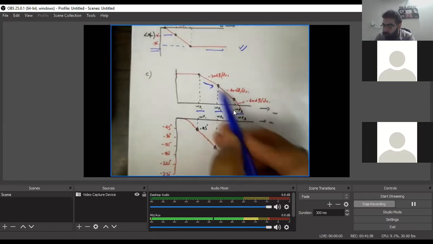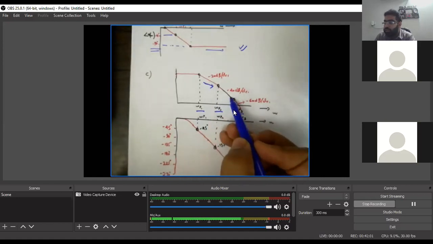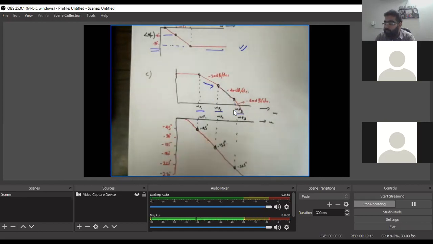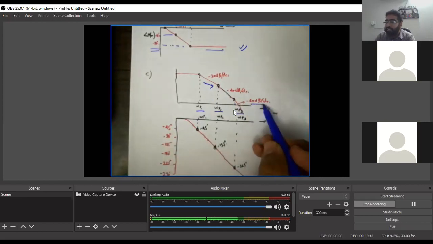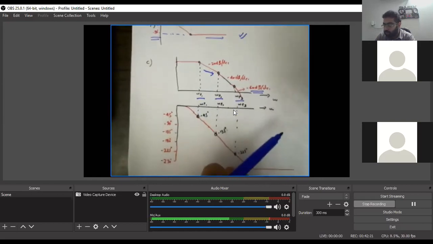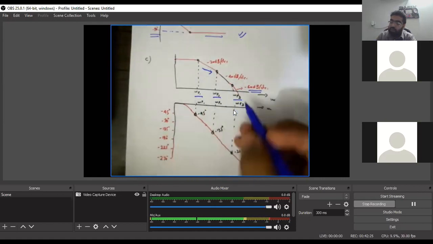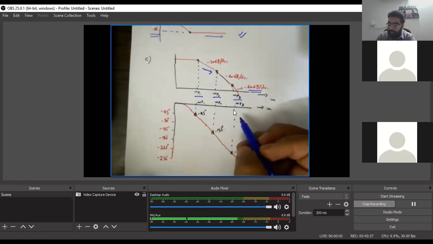So the slope becomes a little steeper. It will continue at minus 40 dB per decade until it reaches omega p3, which is the third pole. After the third pole, the response becomes further steeper, and we are going to have minus 60 dB per decade. Right? So this is the magnitude response of a three pole system. It will continue after the third pole with a steep response of minus 60 dB per decade.